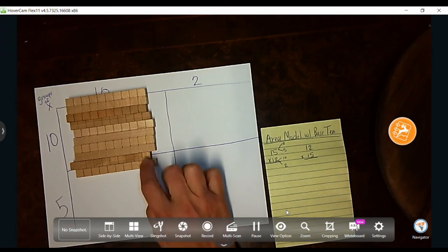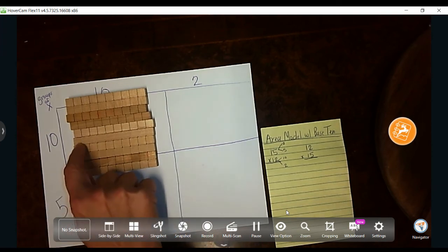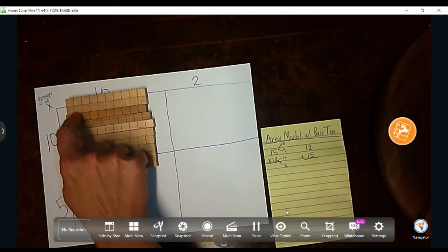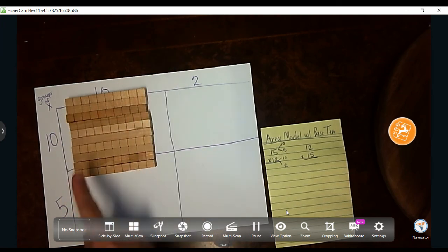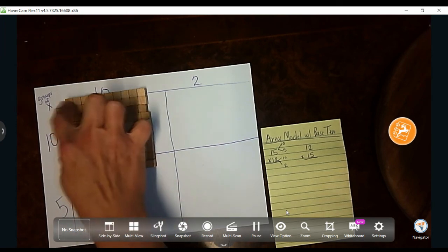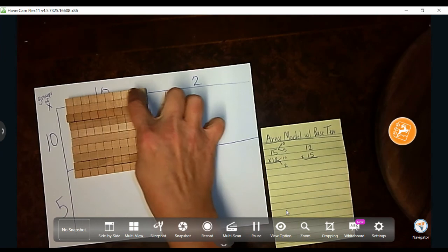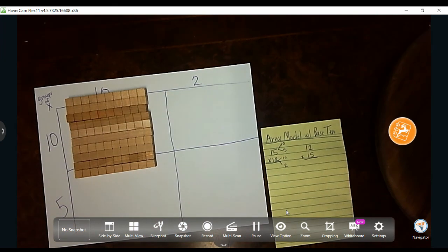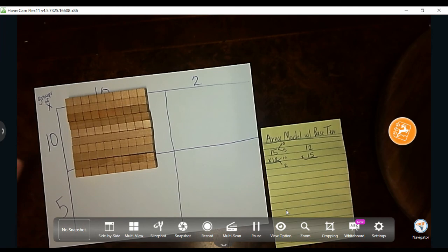Okay, so I should have 10 groups of 10. Let's double check. 1, 2, 3, 4, 5, 6, 7, 8, 9, 10. There's my 10 groups of, and I should have 10 this way. 1, 2, 3, 4, 5, 6, 7, 8, 9, 10. So I have 10 groups of 10. And when I counted those out, I counted 100. So 10 groups of 10 equals 100.